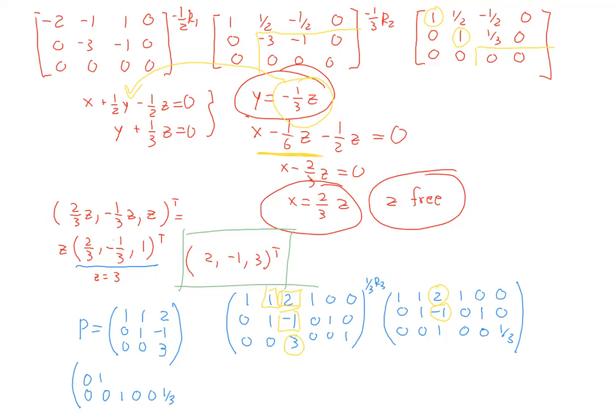It will be row 3 plus row 2. So I'm adding row 3 to row 2. And then I will do -2 row 3 plus row 1. That's how I'm going to eliminate those two numbers. So I will have 0, 1, 0, and then 0, 1, and 1/3 right here. And then I will get 0, 1, 0, and 1, 0, and then -2/3.